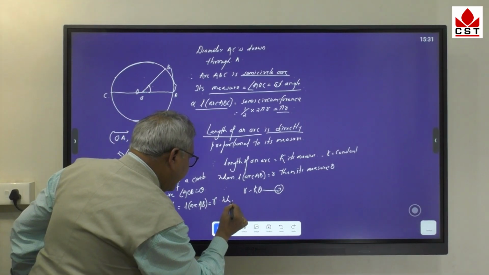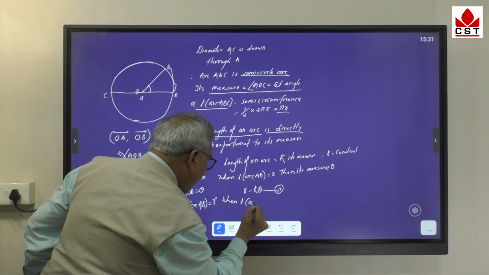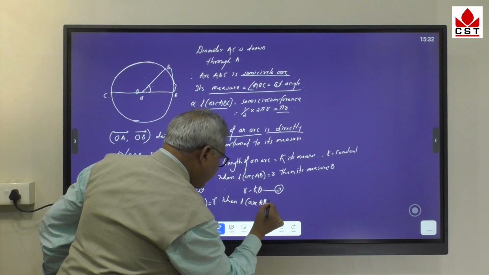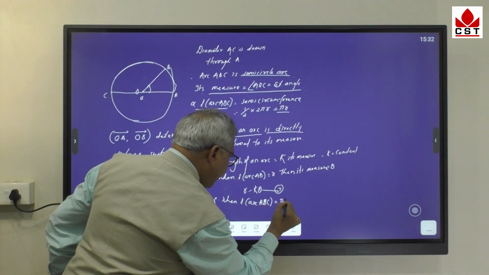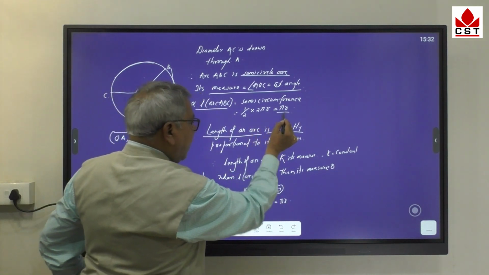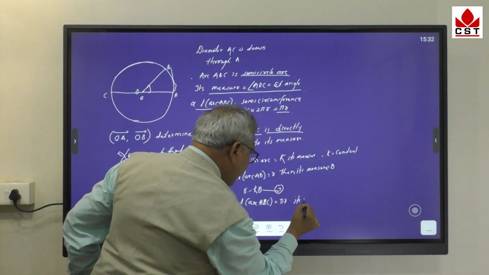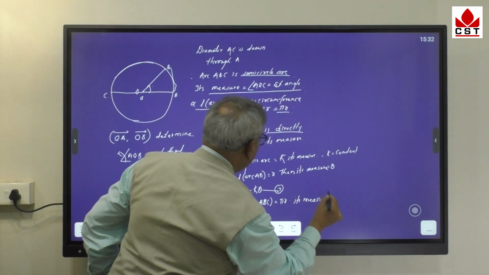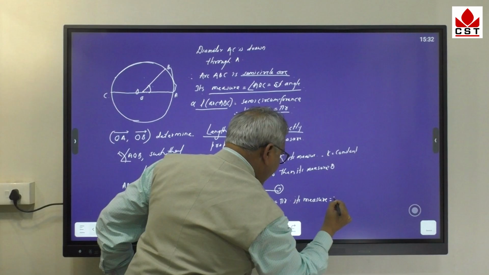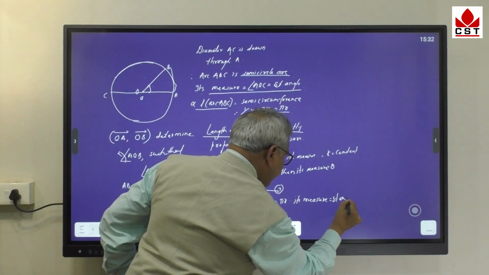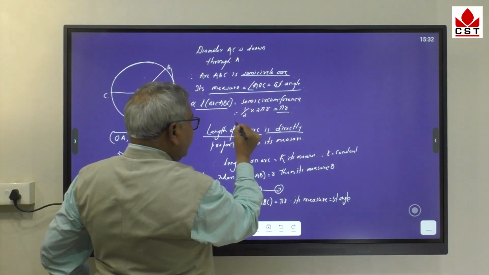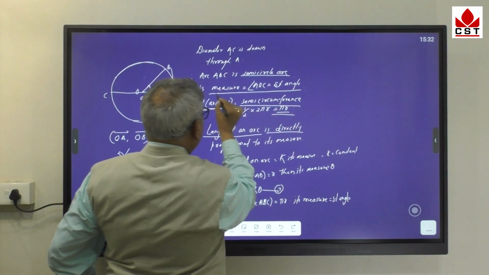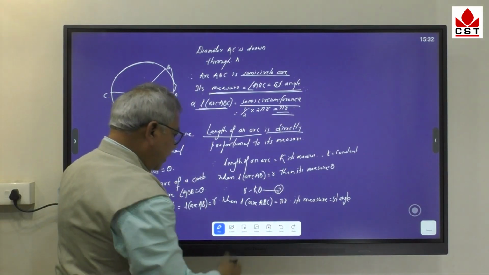Now, when length of arc ABC is equal to pi r, its measure is equal to straight angle, because here we have taken that semi-circumference as length of an arc, pi r, its measure, straight angle.